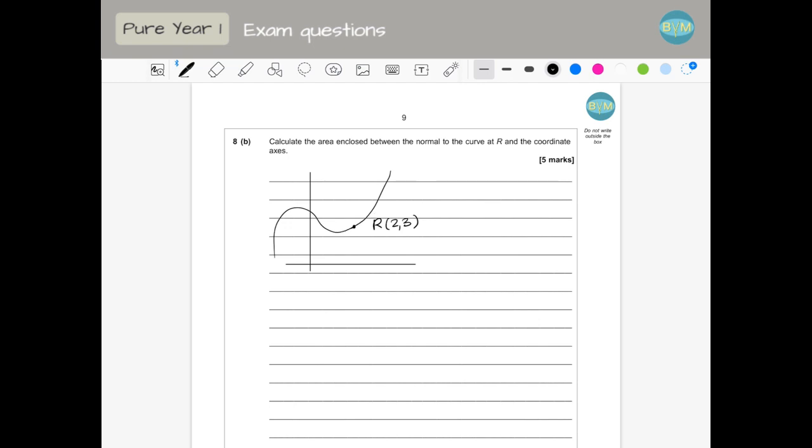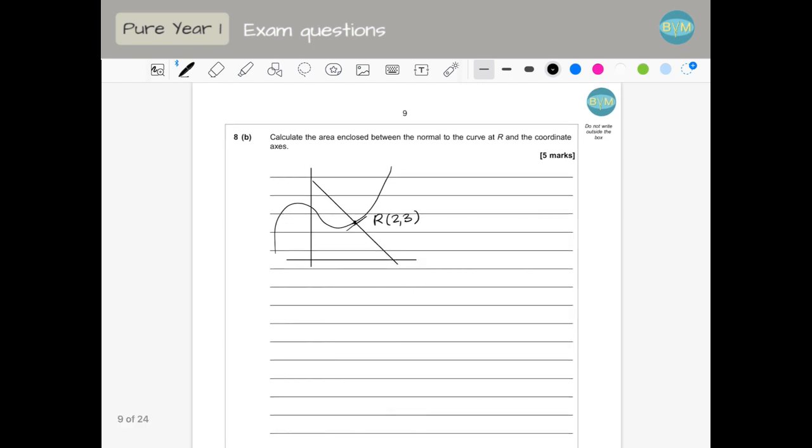It's going to be something like this. This is not really very perpendicular, but imagine it is. What they are asking us is the area enclosed between the normal to the curve and the coordinate axes, so the area of this triangle.